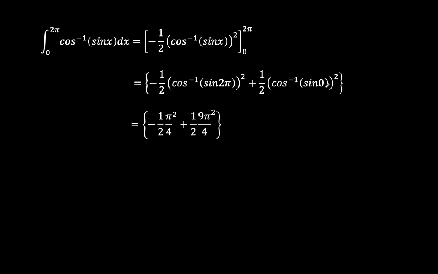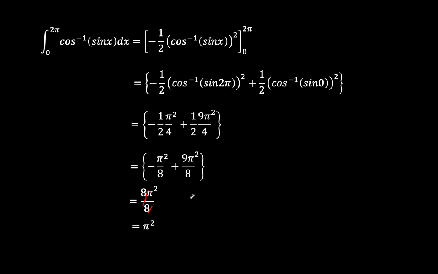And when x is 2 pi, arc cosine of 0, we use 3 pi over 2 squared, which is 9 pi squared over 4. And so this is negative pi squared over 8 plus 9 pi squared over 8. And that is 8 pi squared over 8. And the 8's cancel. So the answer is pi squared.